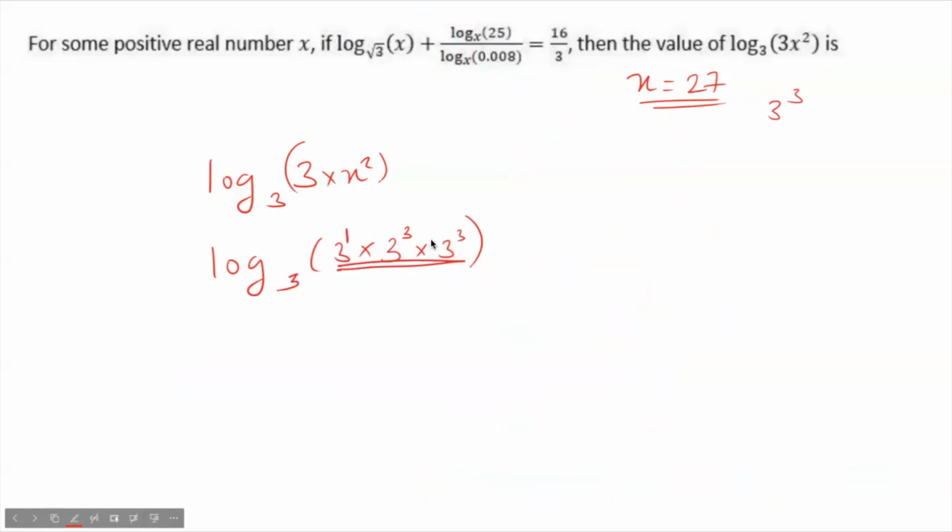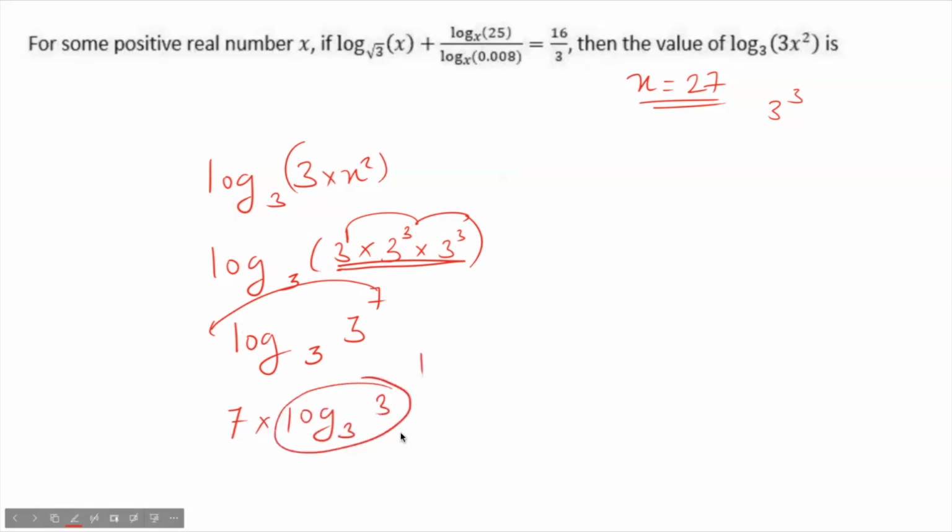So we have 3 raised to 1, 3 raised to 3, 3 raised to 3. The powers get added. You have log of 3 raised to 7 to the base 3. Once again, the 7 will come outside using our property of logarithm. This will be 7 times log of 3 to the base 3. What's log of 3 to the base 3 again? 1. So your final answer is 7 into 1, which is 7.